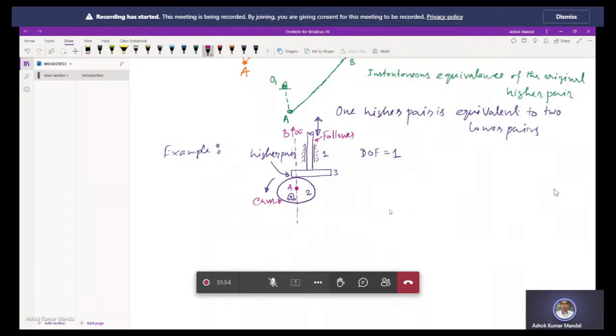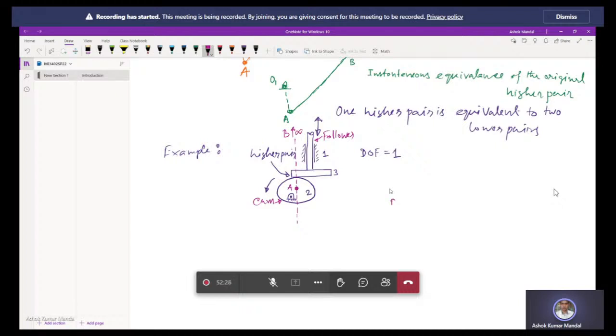So now, if we want the equivalent mechanism, since this is at infinity, we can say that the motion at this point is sliding.